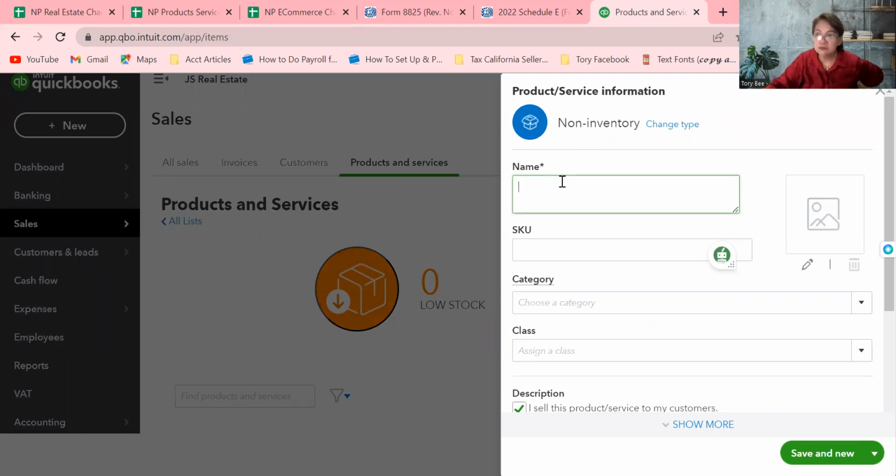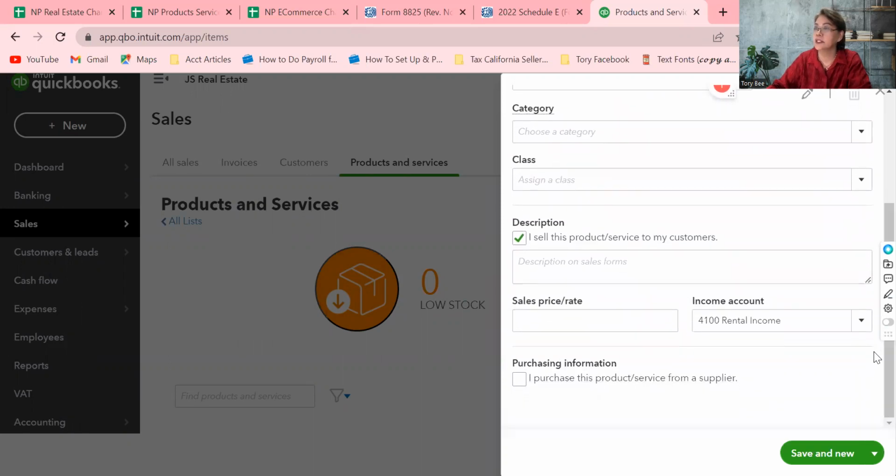The number is 65, repair and maintenance, 6500.